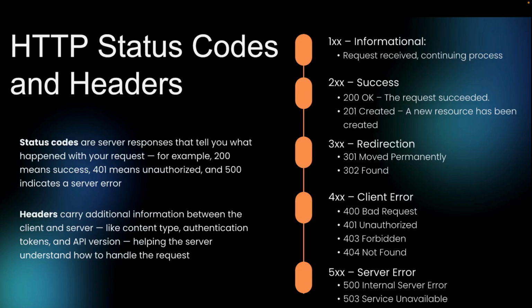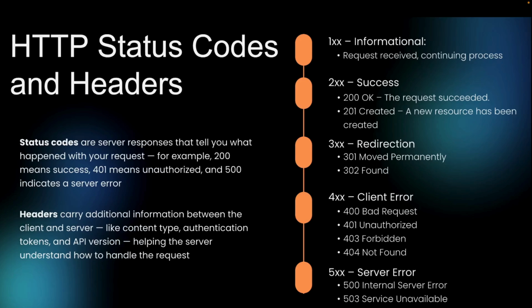First one is 1xx, which represents informational, so the request is received and being processed. 2xx represents success. Some examples are 200 OK, which means everything went well. For example, you request a user profile and it comes back with correct data. In that case, server will send a status code 200.